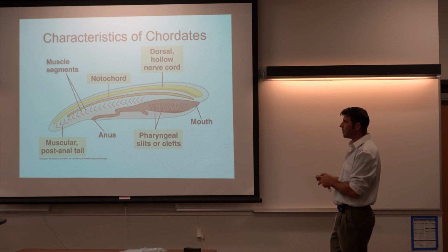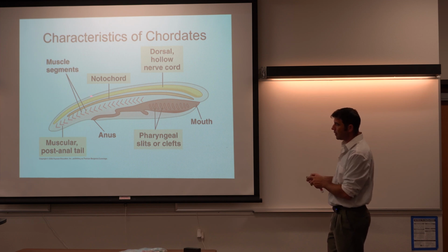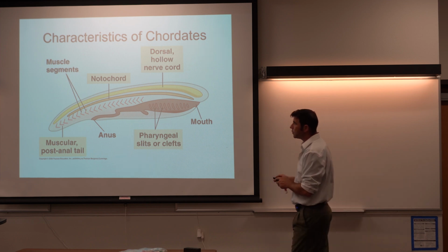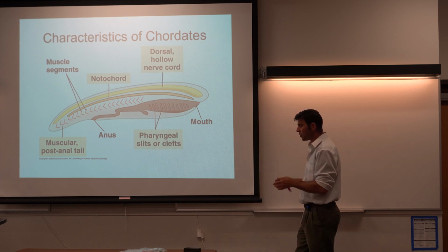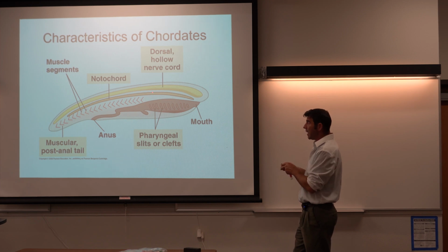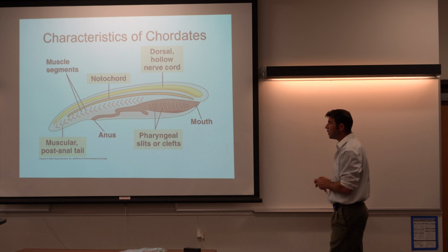But here in chordates, that nerve cord runs down the dorsal side of the body. Just underneath that dorsal hollow nerve cord, we can see what's called the notochord. It's a stiffened rod of cells that provides support to that nerve cord. It's not a true vertebrate, it's not encased in bone, but it does provide some support to that nerve cord.